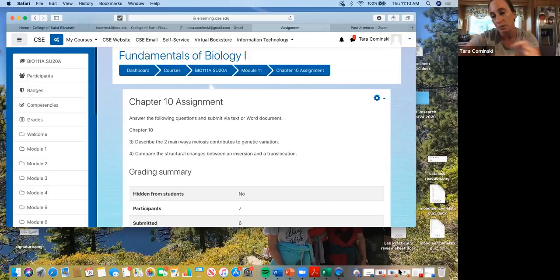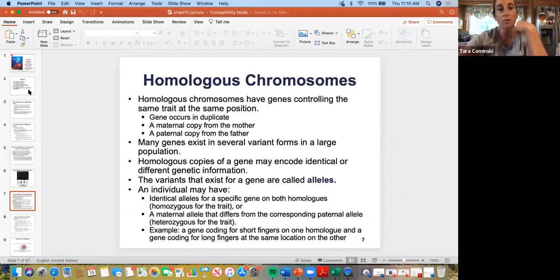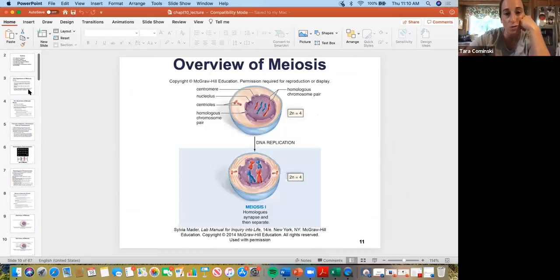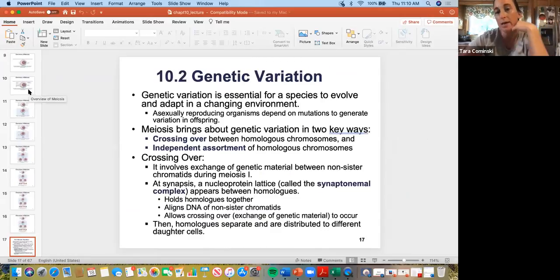Okay, so let me just pull that up to review, because this is super, super important. All right, so in terms of crossing over, I told you it happens during prophase 1, okay. But again, the reason why it's so important is that it's going to increase genetic variation. Super important, because we're talking about meiosis, in which you produce gametes, right?